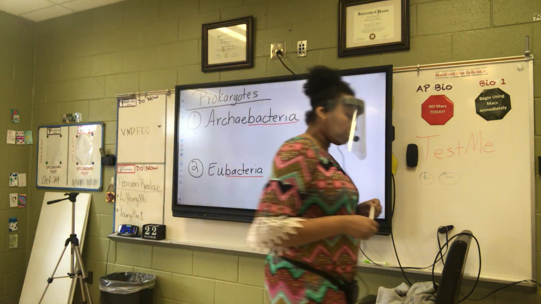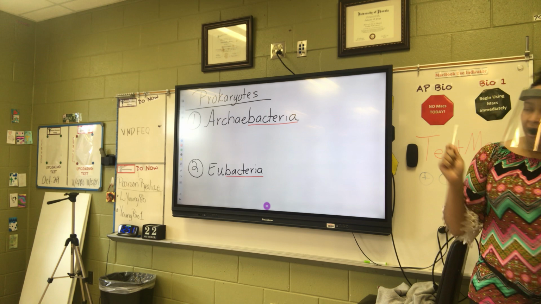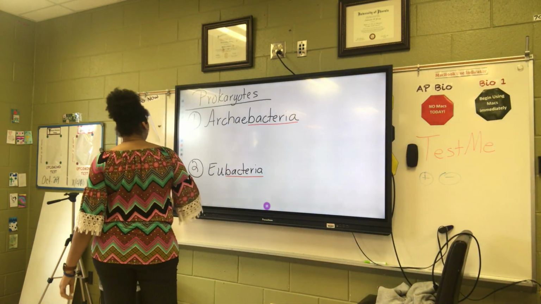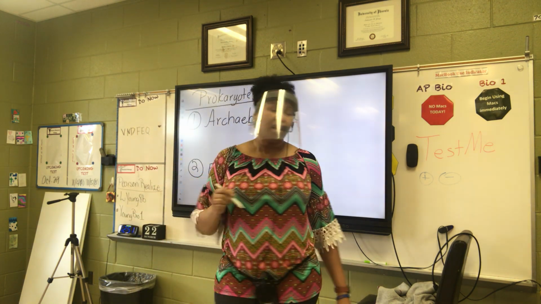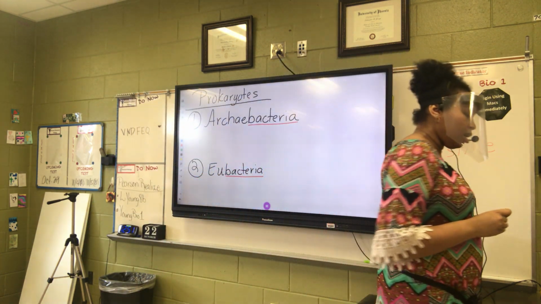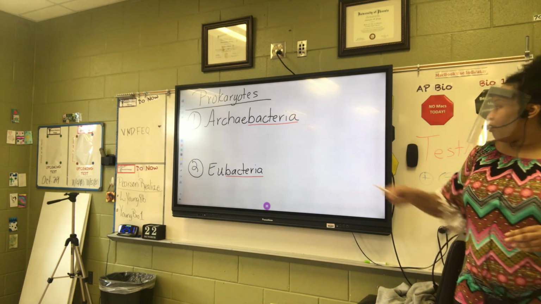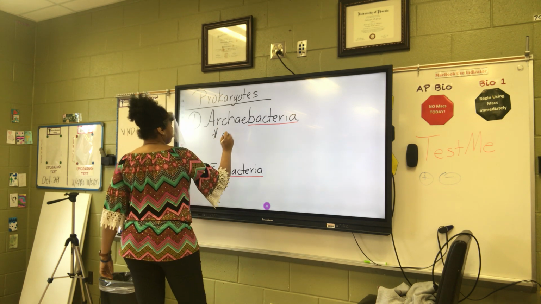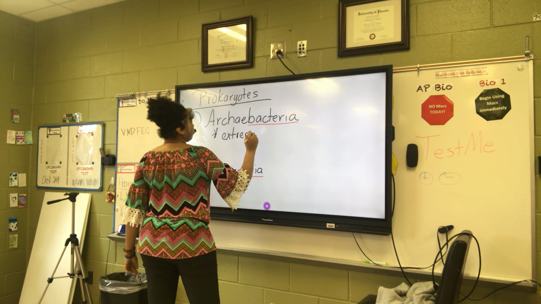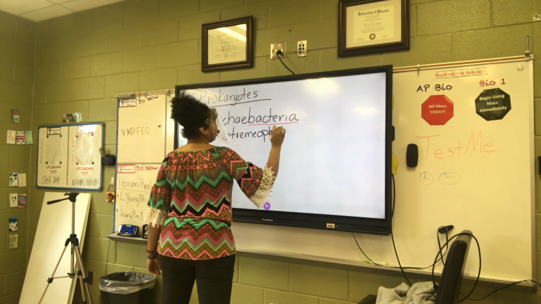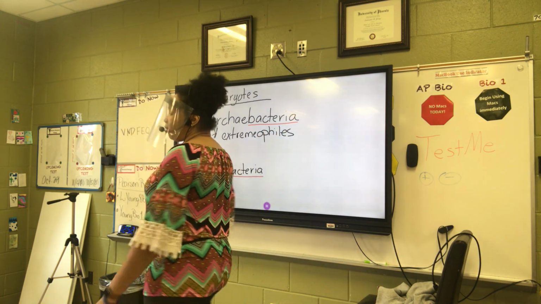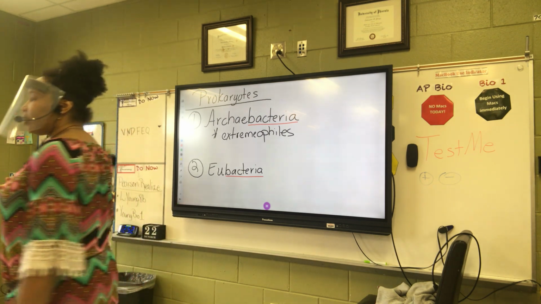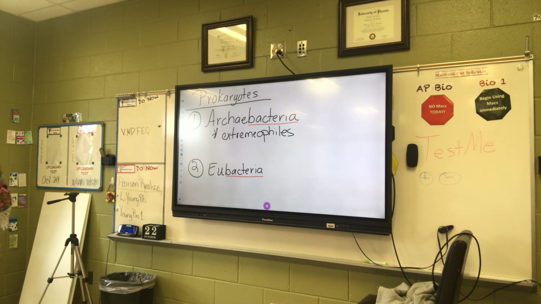One thing we should know about both of these, because they're prokaryotes: are they unicellular or multicellular? Unicellular. They're unicellular because prokaryotes are unicellular. Now, the archaeobacteria are what we like to call extremophiles. These are called extremophiles because these are the bacteria that live in areas that will kill normal bacteria.